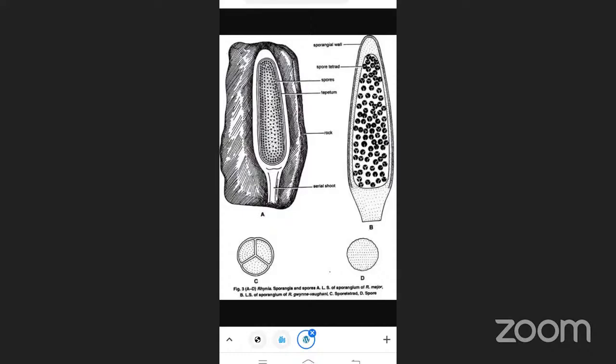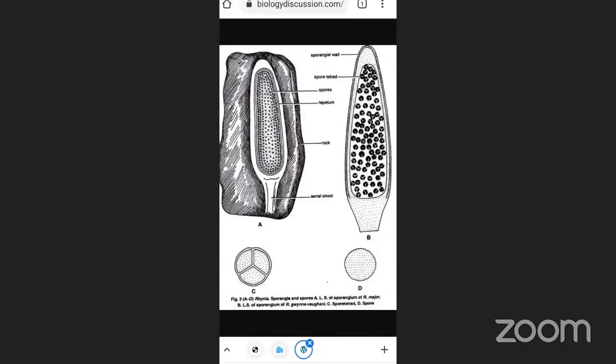The major region is the sporangium, which is around 12 millimeter in length and 4 millimeter in diameter, whereas it is 4 millimeters long and 1.5 millimeter broad in Rhynia gwynne-vaughanii. So there is a small structure in Rhynia gwynne-vaughanii. Rhynia major is somewhat larger in comparison to the other.